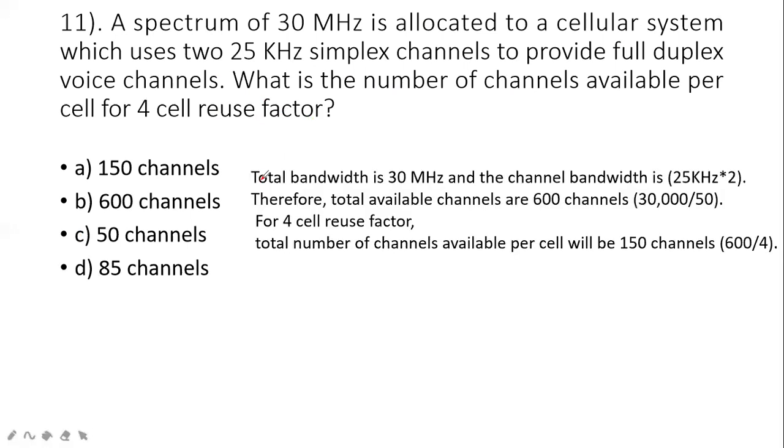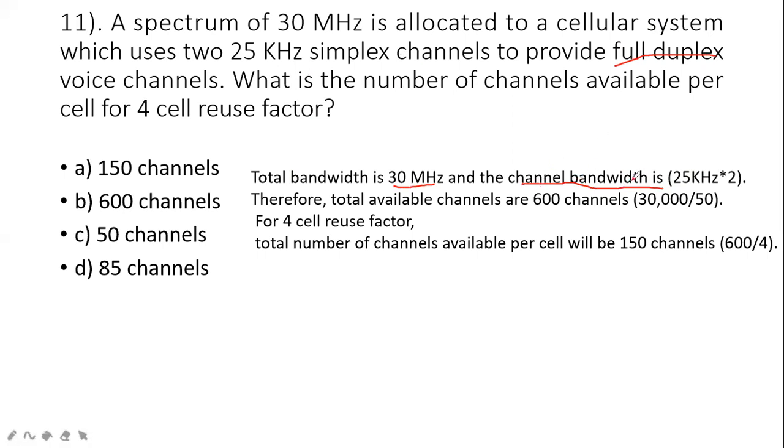The solution for this one: the total bandwidth here is 30 MHz. Here we have a full duplex voice channel, so the channel bandwidth is 50 kilohertz, that is 25 kilohertz into 2, since 25 kilohertz is for a simplex channel.